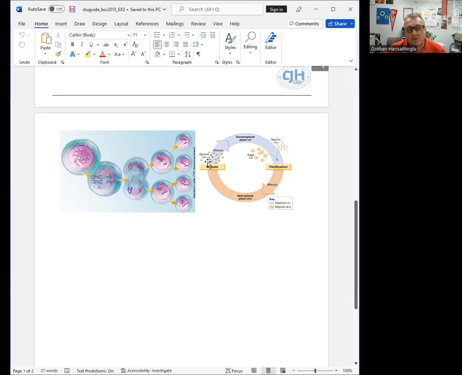And meiosis actually fits perfectly in the life cycles. You can see here the sporophyte. It takes the sporophyte and then produces gametes, or these haploid cells, using meiosis. And then fertilization reunites them again, making a sporophyte.